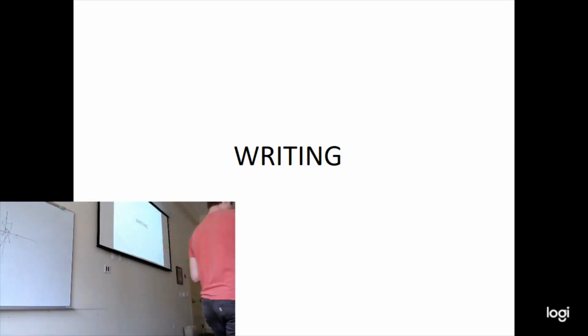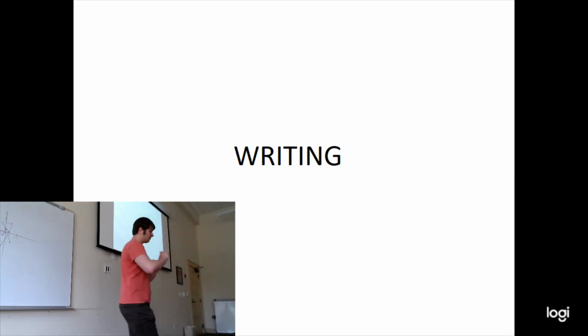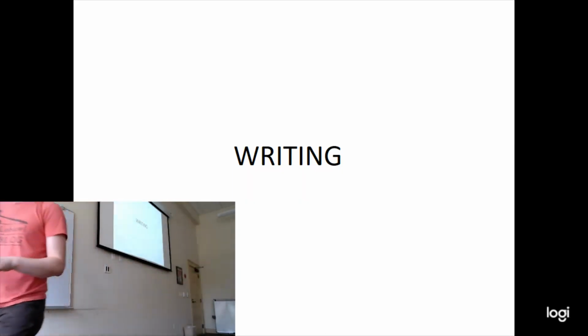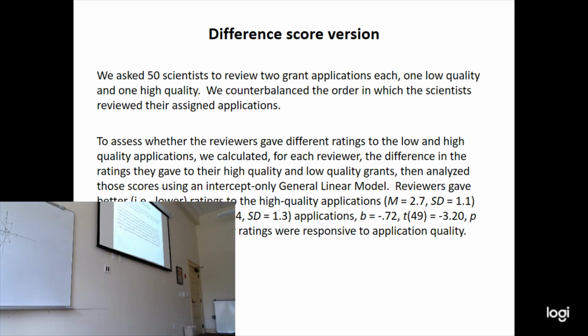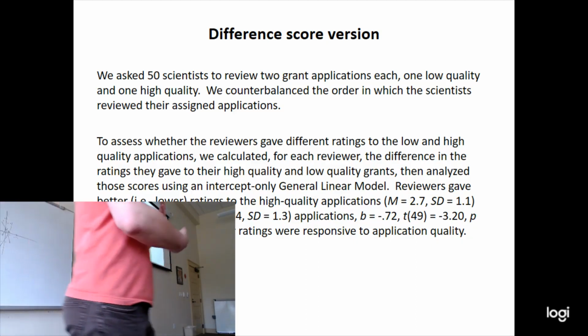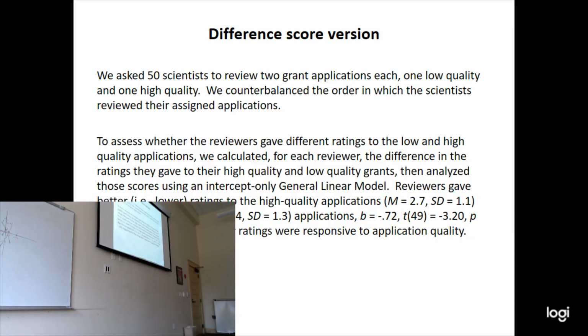For writing about these kinds of models, there's one major consideration, I think, and that's whether to talk about your results in terms of difference scores or in terms of this thing that I've only touched on somewhat called the linear mixed effects model.